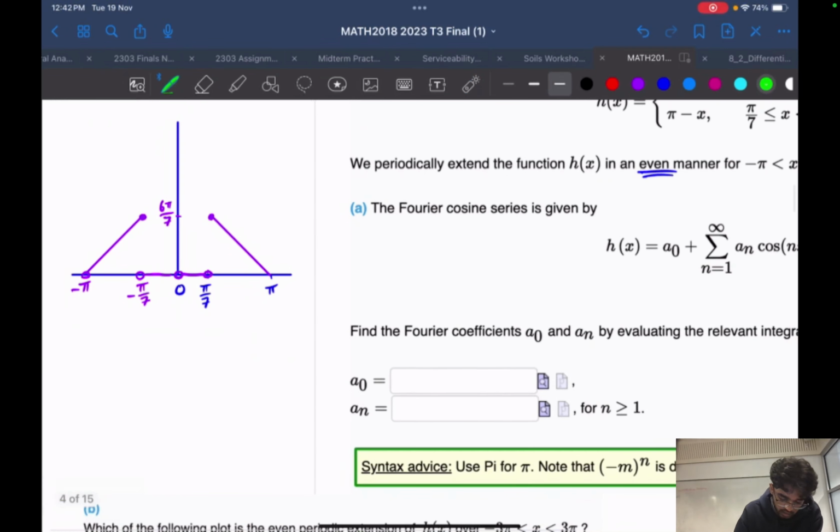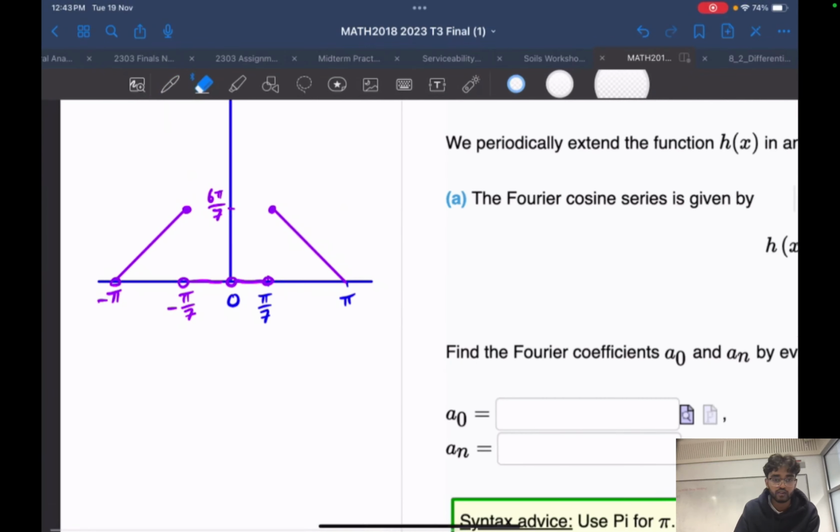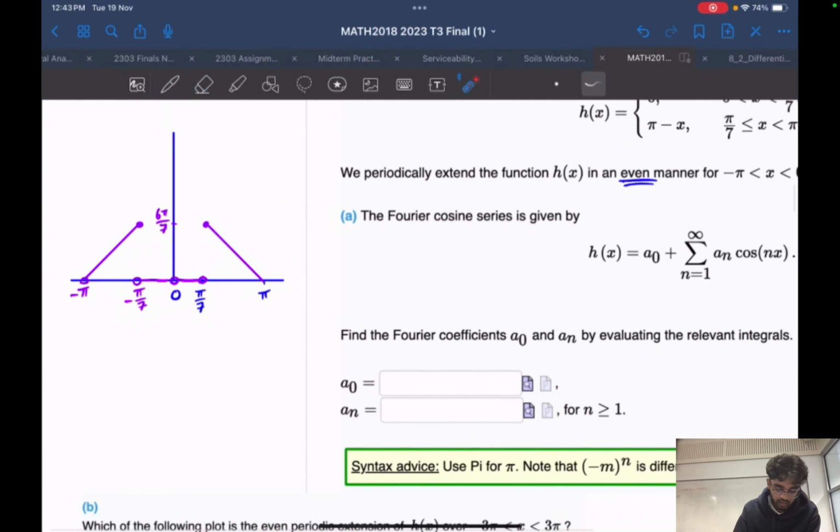I'll do it in green. It would look like this. That's a terrible diagram, but it's fine. Because the function is a bit harder to draw, I think that's why the question really asks for an even manner. But this is all we need to worry about.